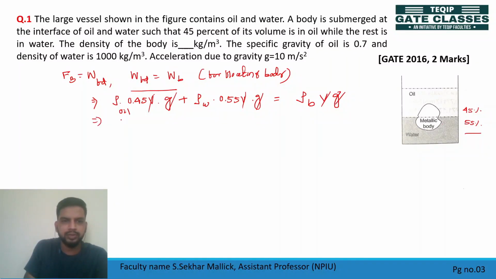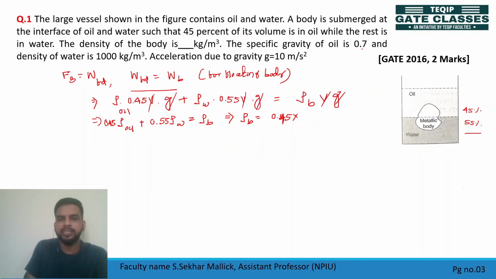So what is remaining? Check this. 0.45 rho oil plus 0.55 rho water is equal to rho of body. Now find this rho of body. What is rho of body then? Rho of body is equal to 0.45 of rho oil. Rho oil is how much? Density of oil is how much?